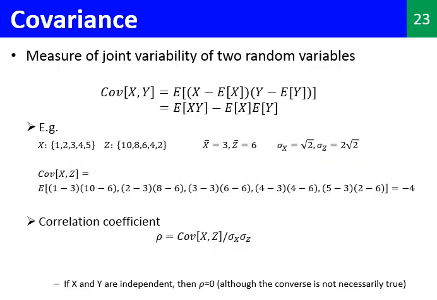If we take another random variable z, and here you can see the values are decreasing when x is increasing, and when we find the covariance between x and z, it turns out to be -4. Okay, so graphically we will be having points like this for negative correlation.